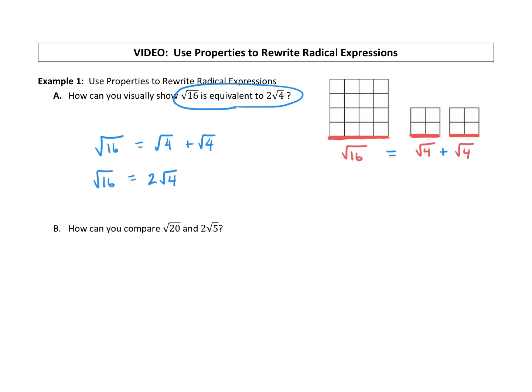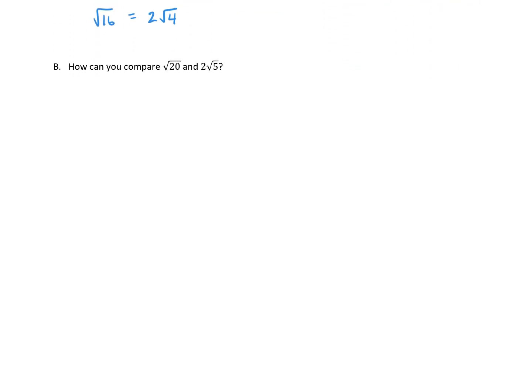All right, well, we're going to move away from our visual representations, and then let's do a similar comparison with some square roots. So how can you compare the square root of 20 and 2 times the square root of 5?